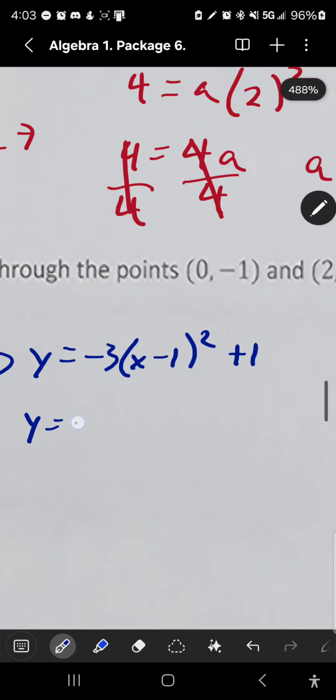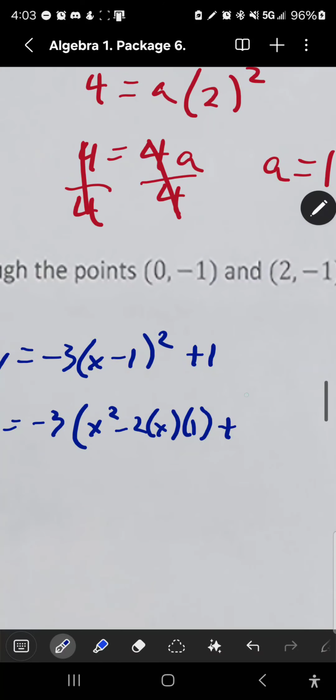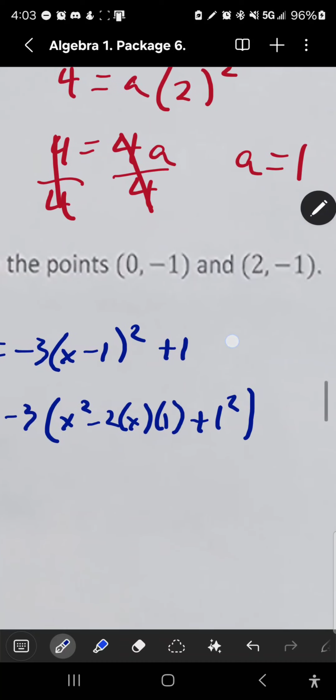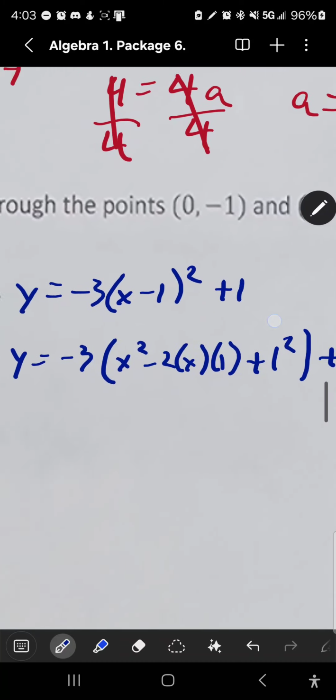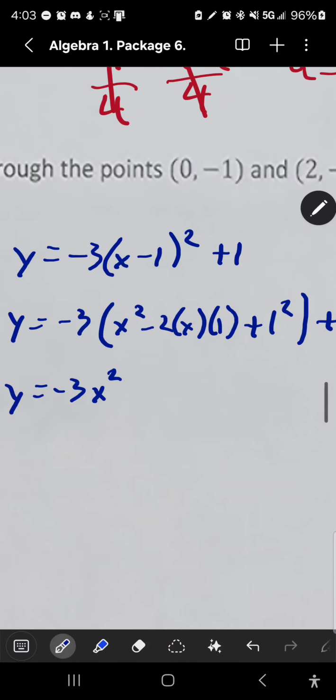Then I can say that y equals negative 2 times (x squared minus 2x times 1 plus 1 squared), and then all that plus 1.